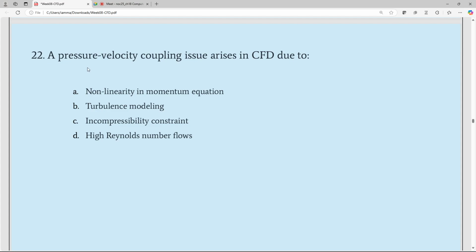In pressure velocity coupling, the issue arises in CFD due to which of the following? Options are option A, nonlinearity in momentum equation, option B, turbulence modeling, option C, incompressibility constraint, option D, high Reynolds number flows.